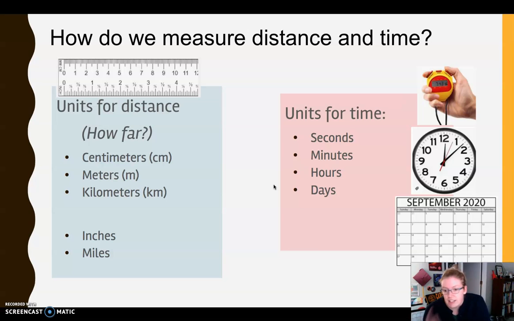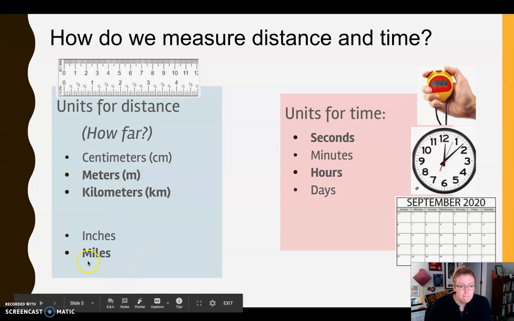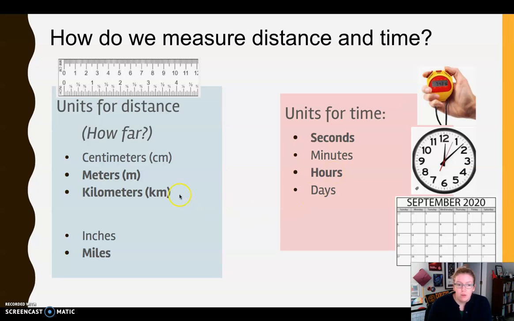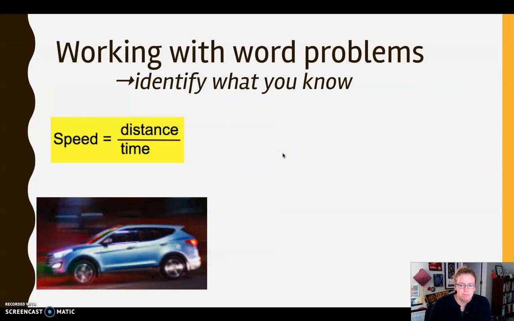We could do months, years. There are so many different units you can use to measure distance and time. In physical science, we're just going to focus on meters, kilometers, miles, seconds, and hours. You can do calculations with all sorts of different units, but we're going to focus on those.